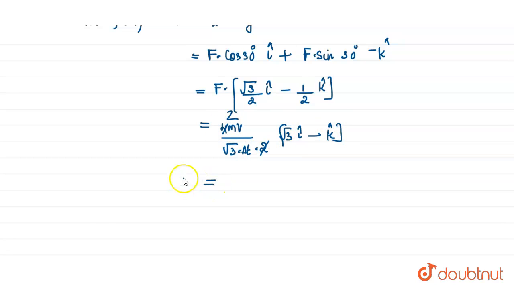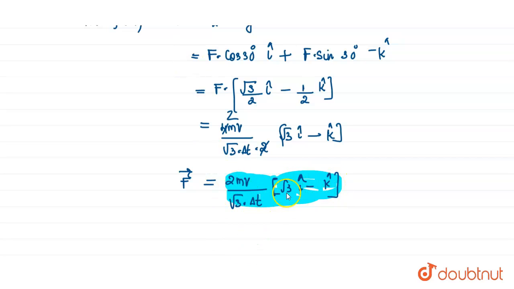So we get vector F is equal to 2mv divided by root 3 into delta t, root 3 i cap minus k cap. So this is the equation for the force which is asked in our question.